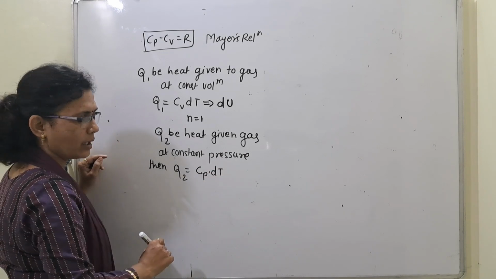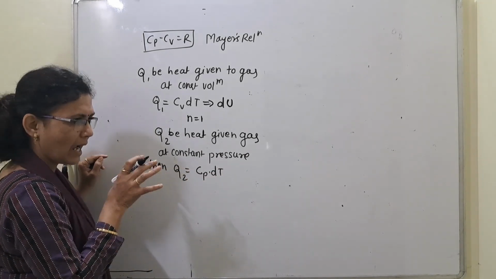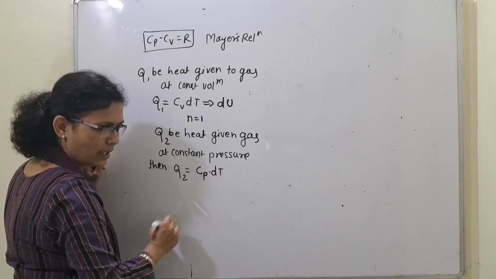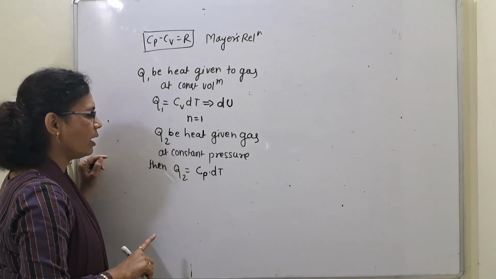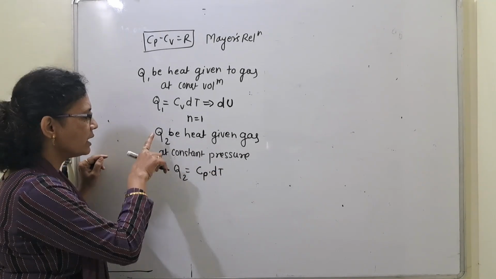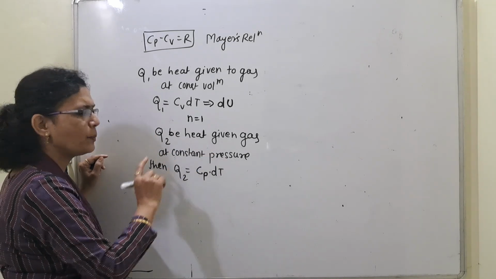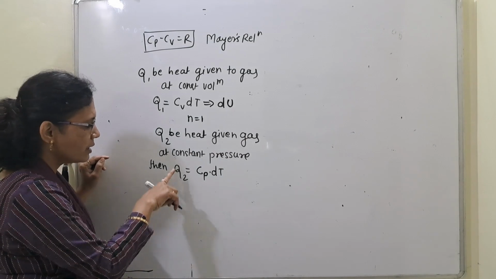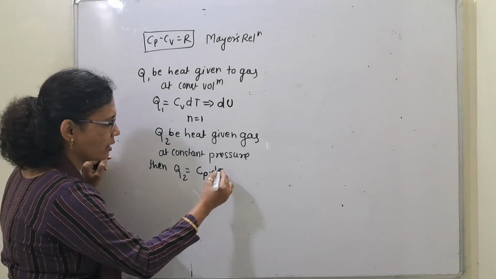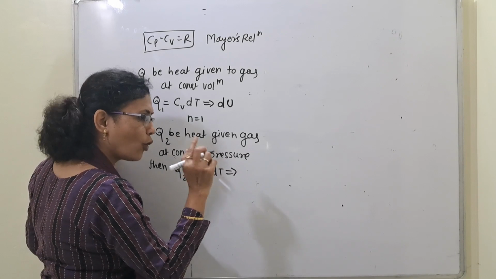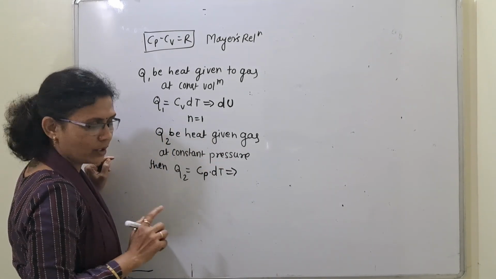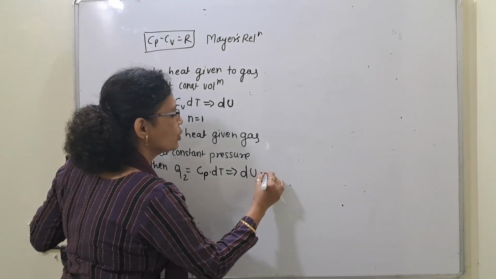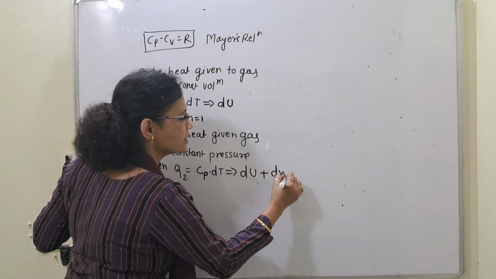Cp into dt. But what will be the actual formula? See, this is Cp into dt. But when we are providing the heat at constant pressure, that heat is used for two things: to increase the internal energy and to do some work.